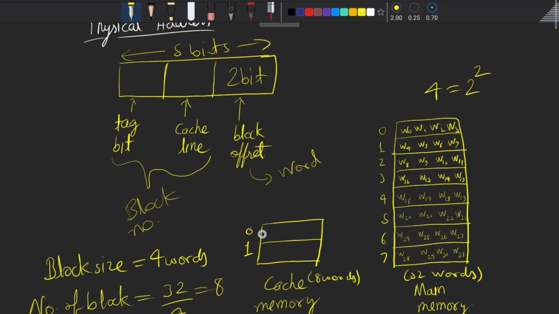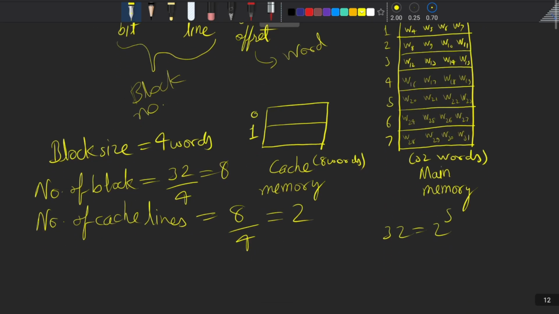As you can see, there are only two cache lines, and we can represent two cache lines using only one bit. So the cache line will be one bit only. And since the total physical address is 5 bits, and 2 bits are block offset and 1 bit is cache line, the tag bit will need 2 bits. So now we have calculated how our physical address will be divided into tag bit, cache line and block offset.